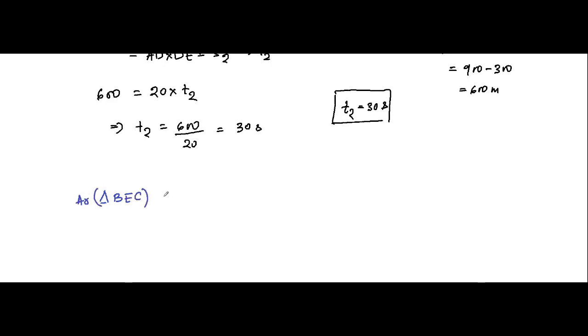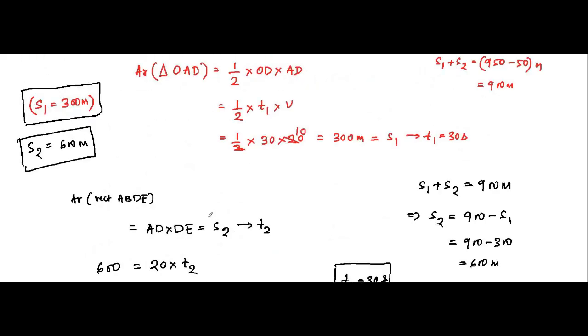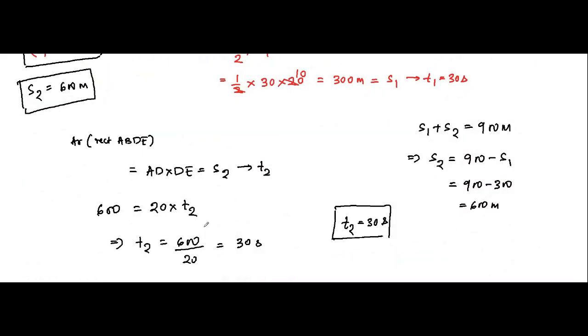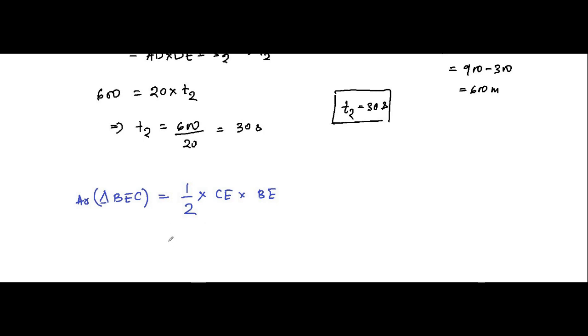The area of the triangle BEC is simply 1/2 into base CE into BE. Now here BE is equal to 20 meters per second, and CE is equal to T3.